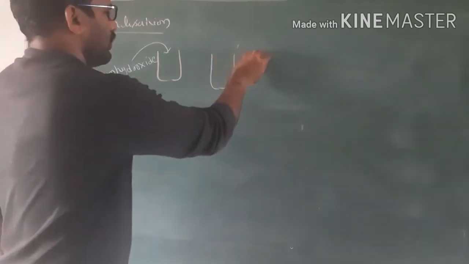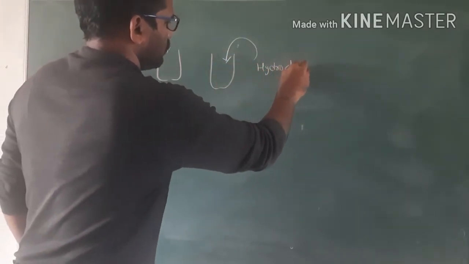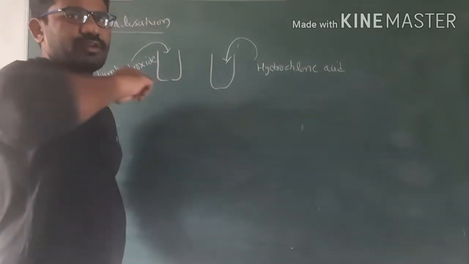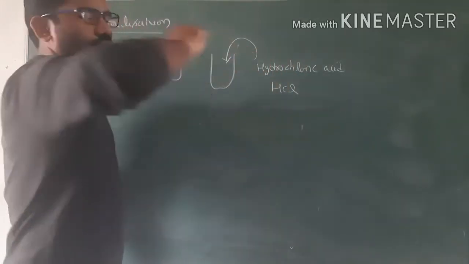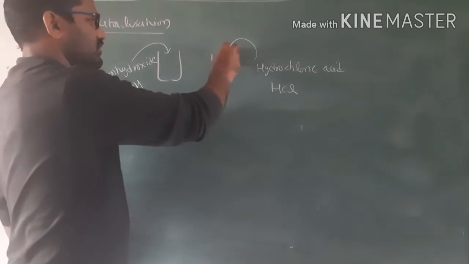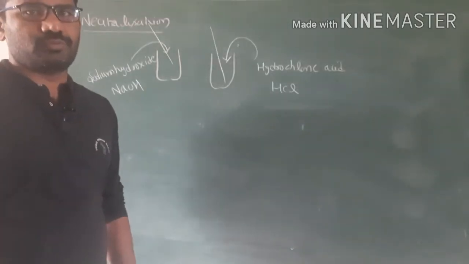Add concentrated hydrochloric acid solution, formula HCl, to another beaker. Stir them with the help of a glass rod so that they become perfect solutions.